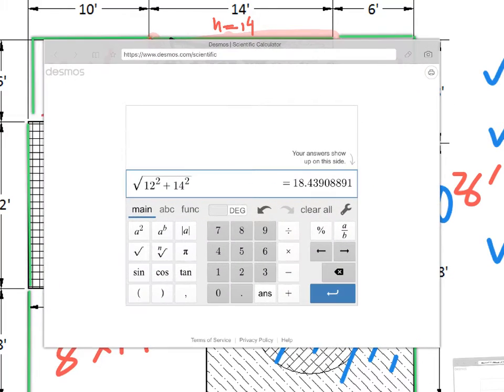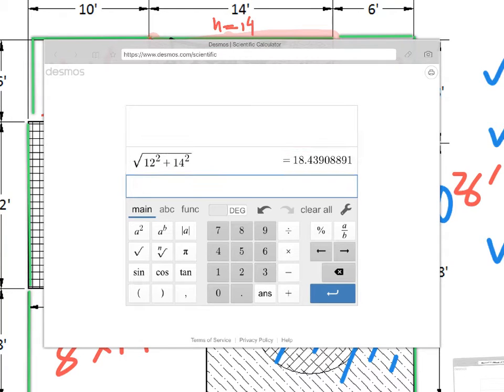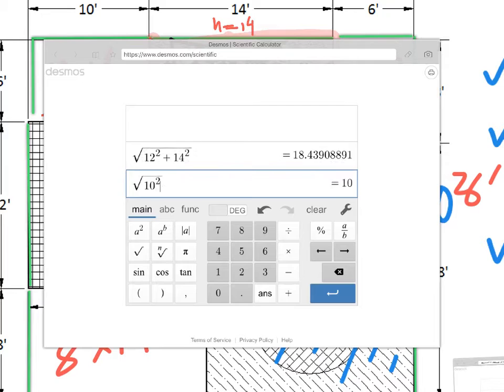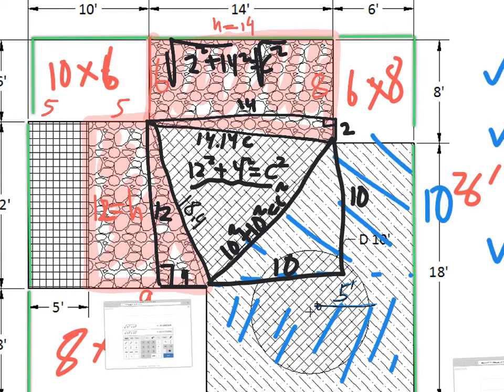So, square root of 10 squared plus 10 squared, 14.14 or 14.1. All right. So this guy here is 14.1.